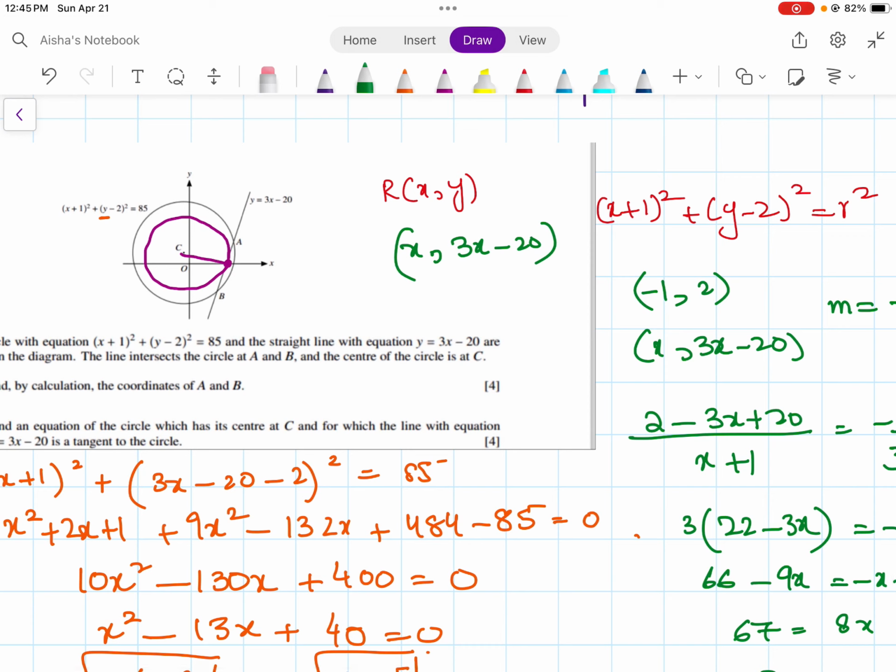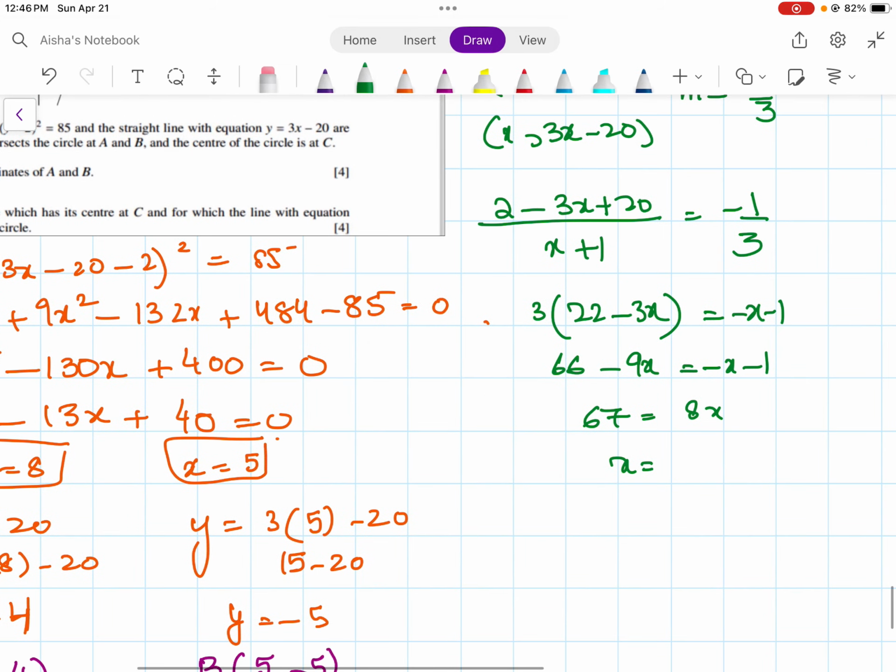Question number 19. Alright, so x is going to be 67 upon 8 and y is going to be 3x minus 20.